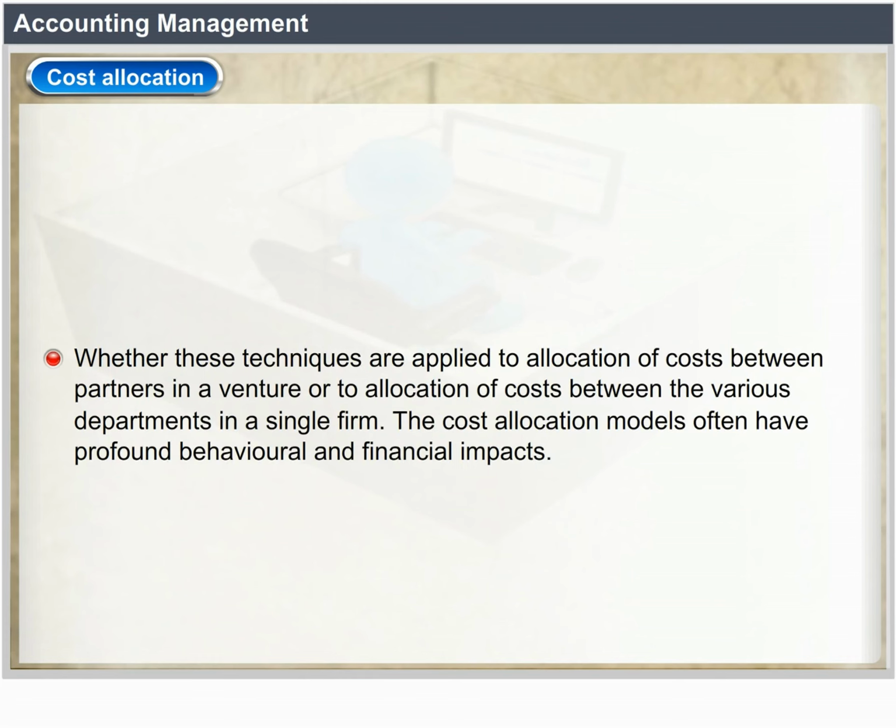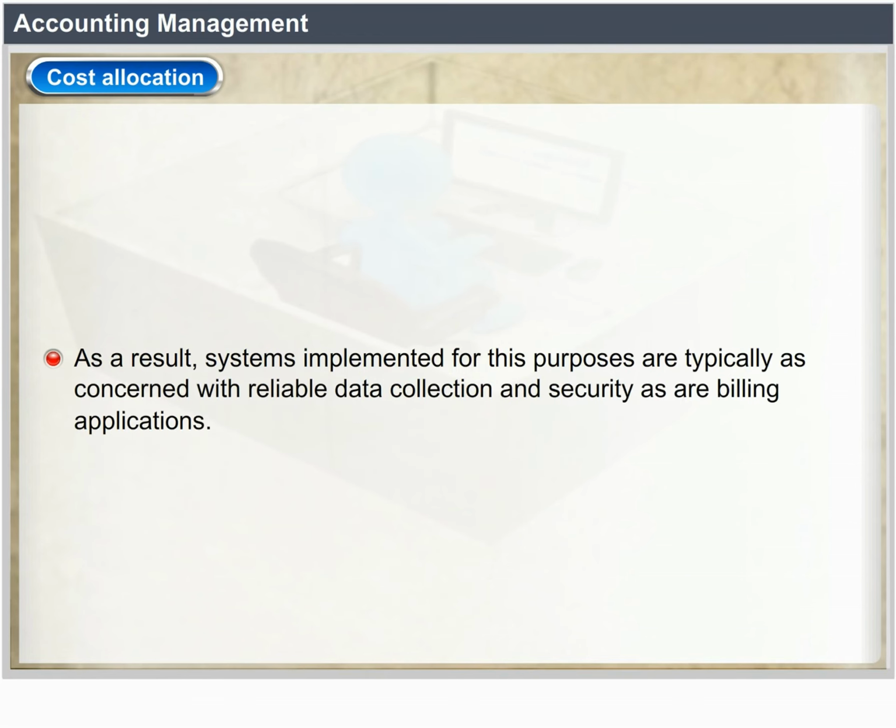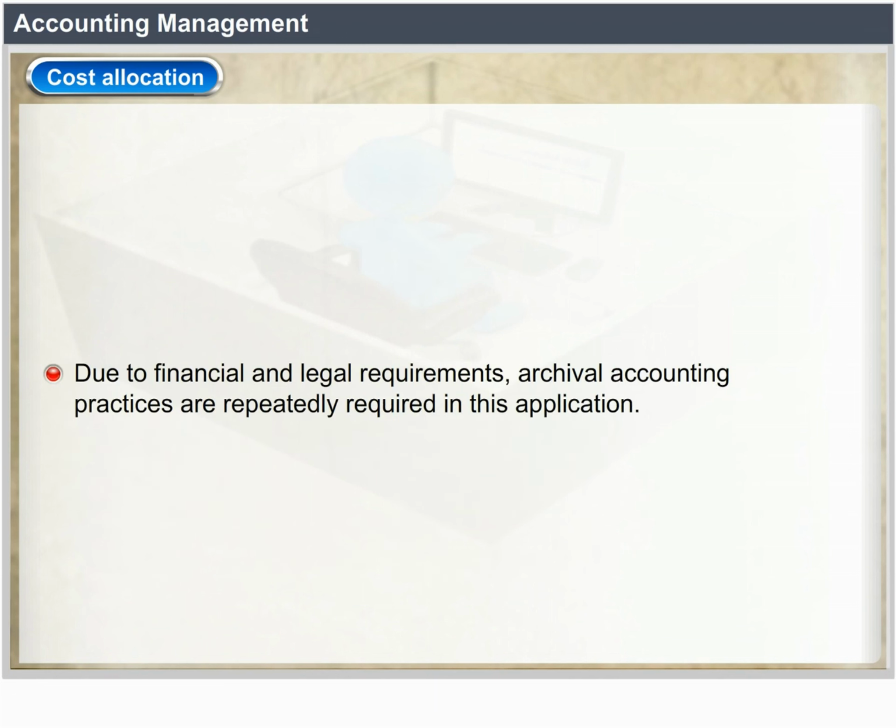Whether these techniques are applied to allocation of costs between partners in a venture or allocation of costs between departments in a single firm, the cost allocation models often have profound behavioral and financial impacts. As a result, systems developed for these purposes are typically as concerned with reliable data collection and security as are billing applications. Due to financial and legal requirements, archival accounting practices are frequently required in this application.